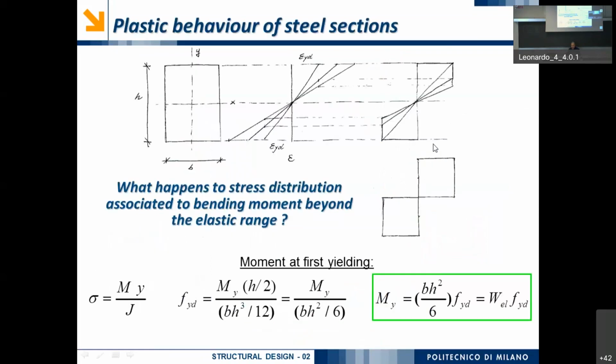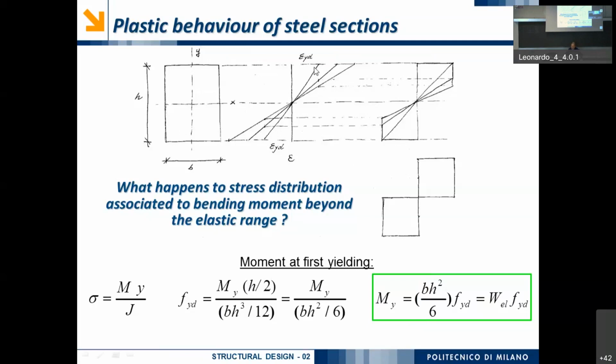And so, now my question is, what happens to stress distribution associated to bending moment beyond the elastic range? So this is the question I would like to ask. And so, what we have to do is to discuss what happens to the strain profile under bending moment.